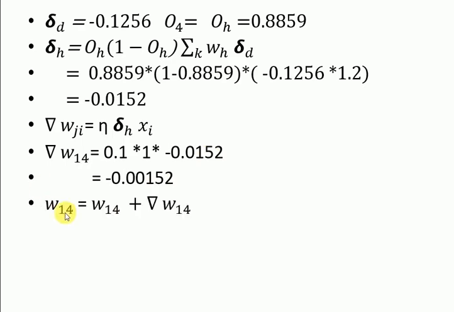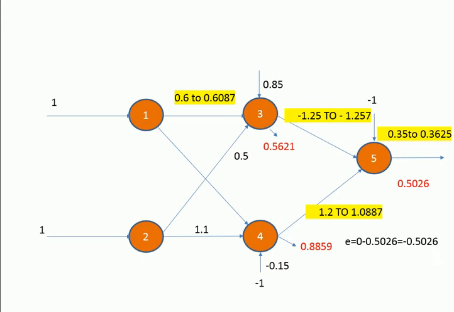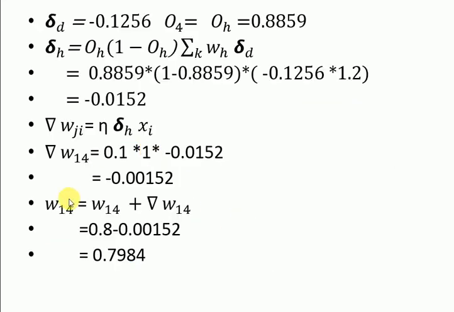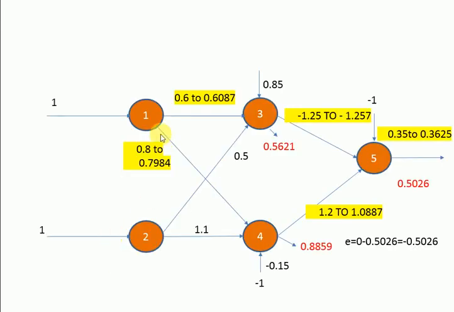So W of 1 4 equals W of 1 4 plus derivative of W 1 4, and this value is 0.7984, and this is the new value we got for this 0.8. So actually we calculated for this. Till here it is the same, and we have taken for 1 and 4, 0.8, 0.5.